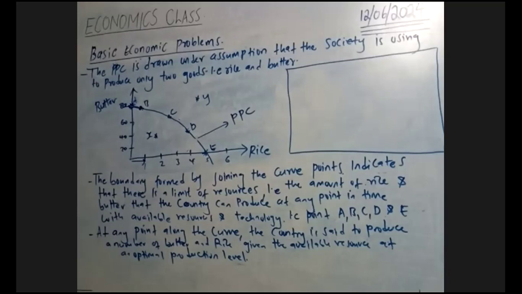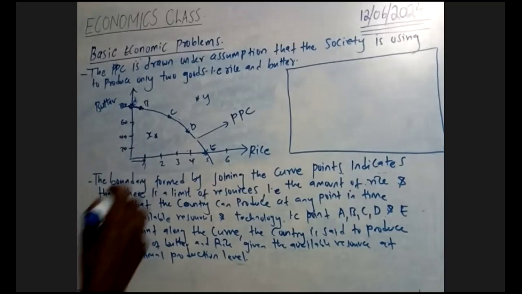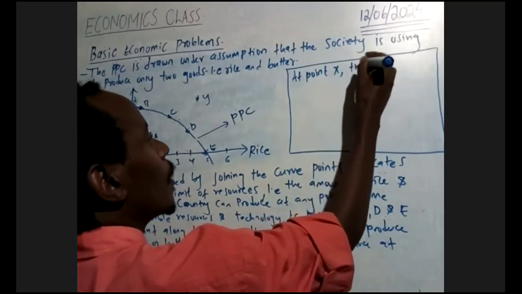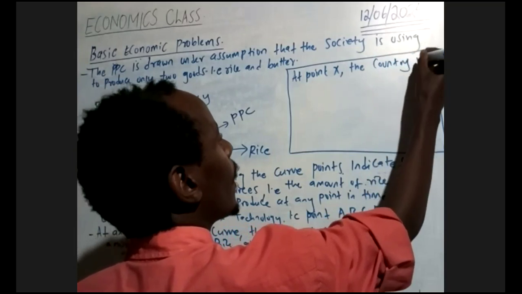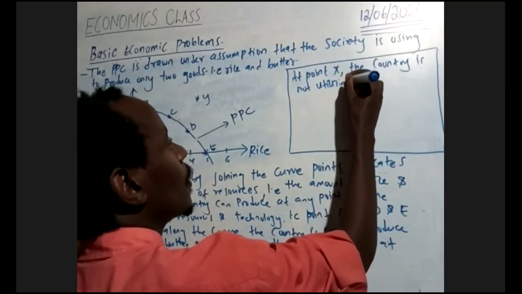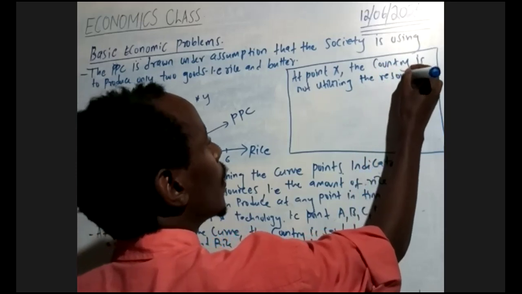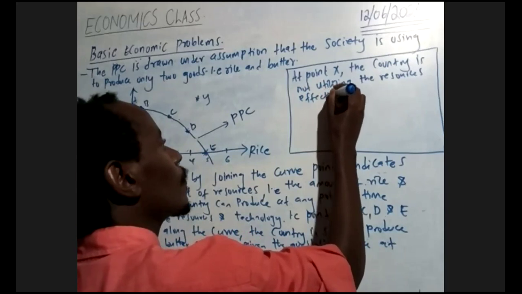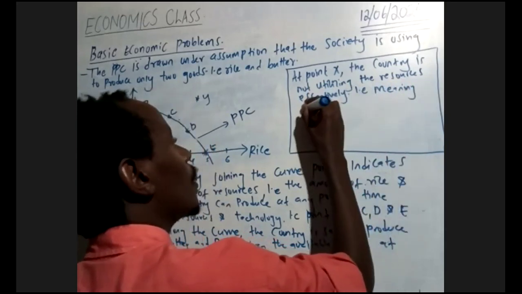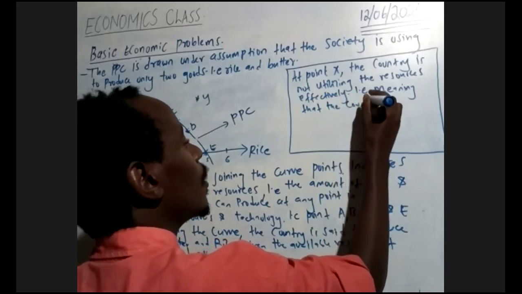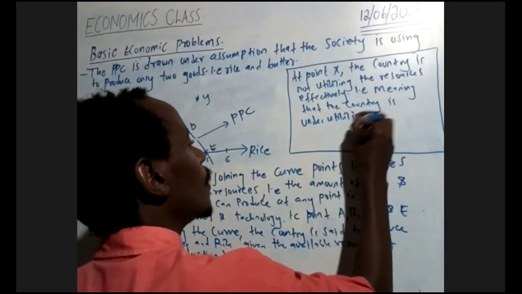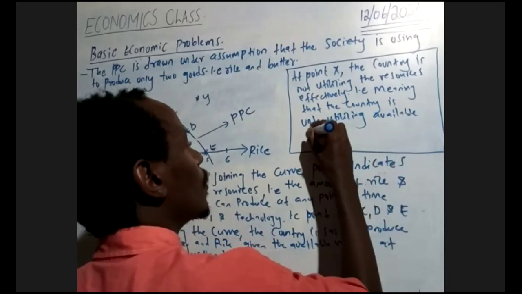So when we are at point X here, the farm is not utilizing, so you can say at point X, the country is not utilizing their resources effectively, meaning that the country is underutilizing available resources.